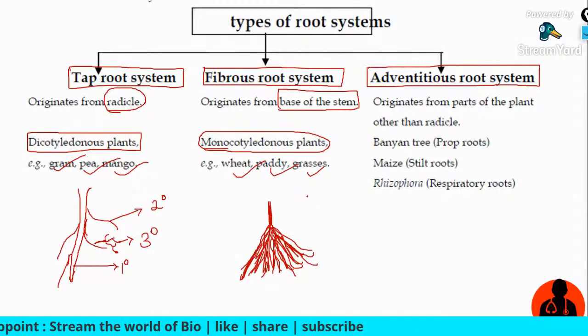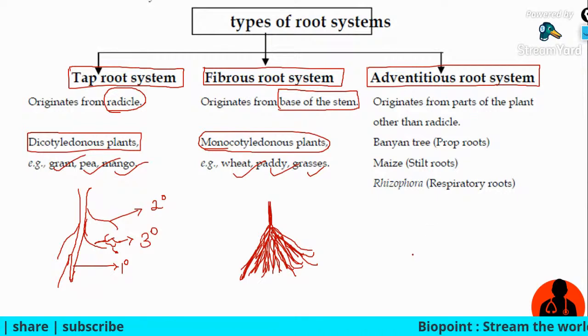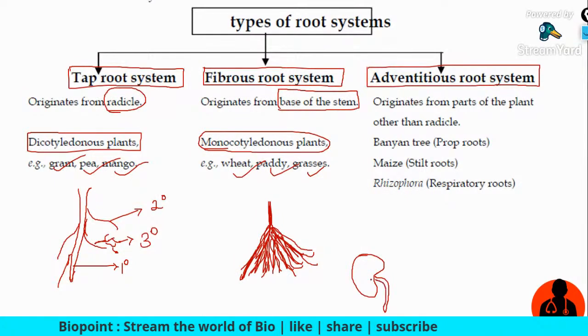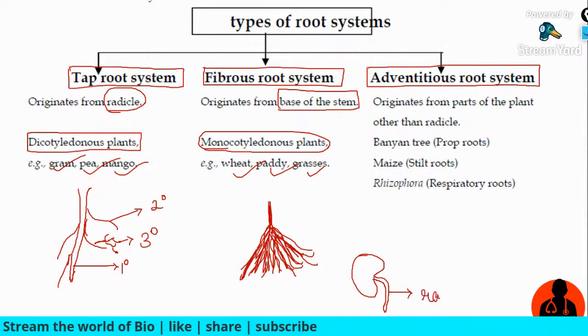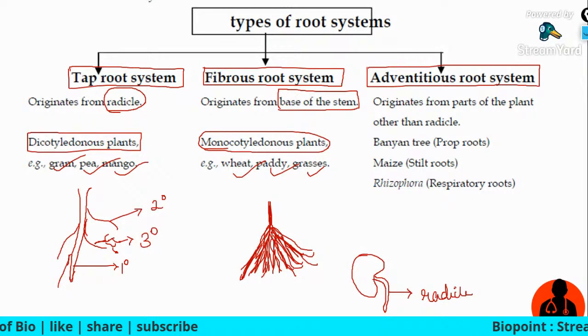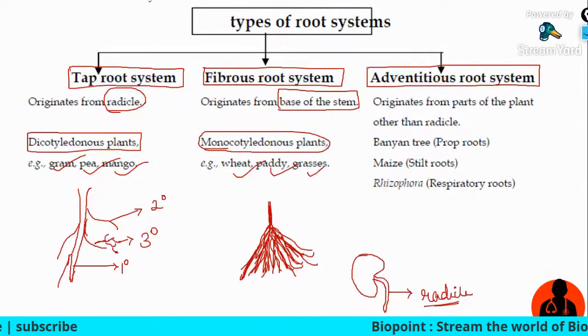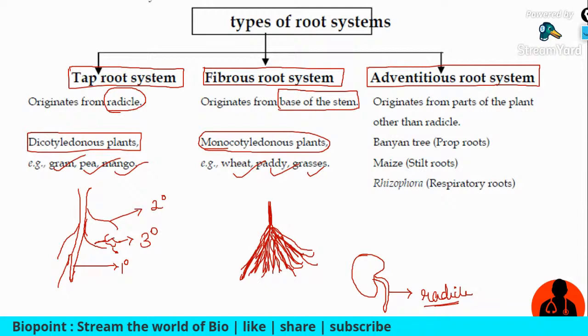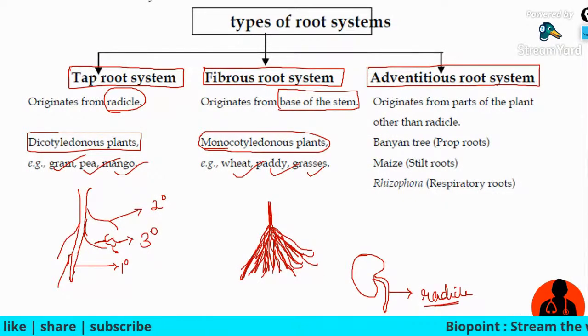Is that clear? Yes. Next is the adventitious root system. Generally roots originate from the radicle. As I told you on the first page, the part which grows downwards, that is the radicle, forms the root system. All the kinds of roots come out from the radicle.